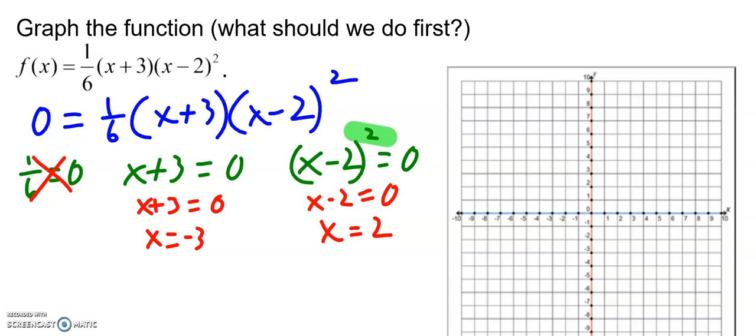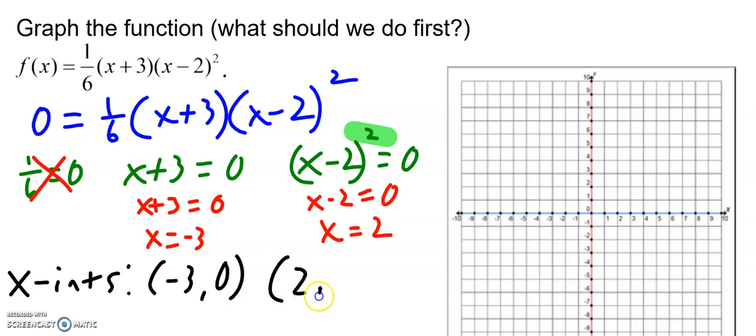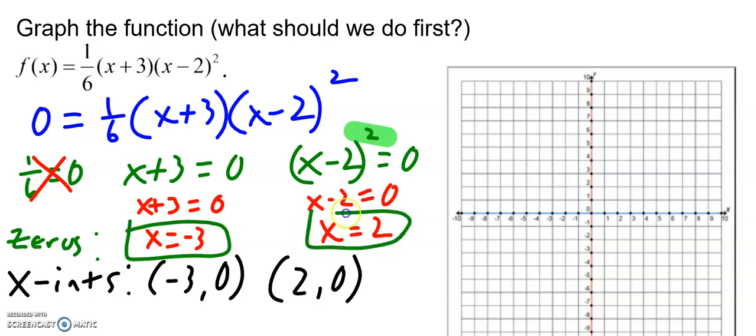So my x-intercepts are going to be the point negative 3, 0, and the point 2, 0. My zeros or solutions are x equals negative 3 and x equals 2.